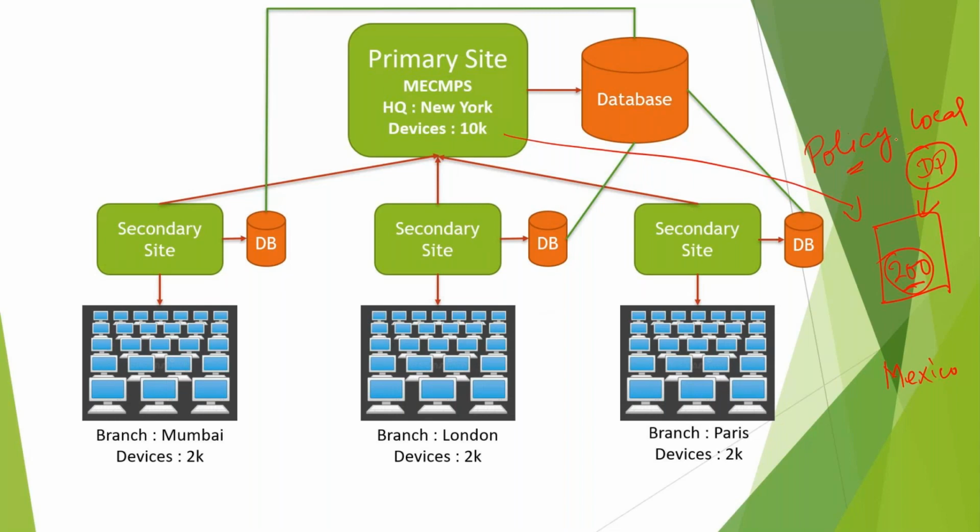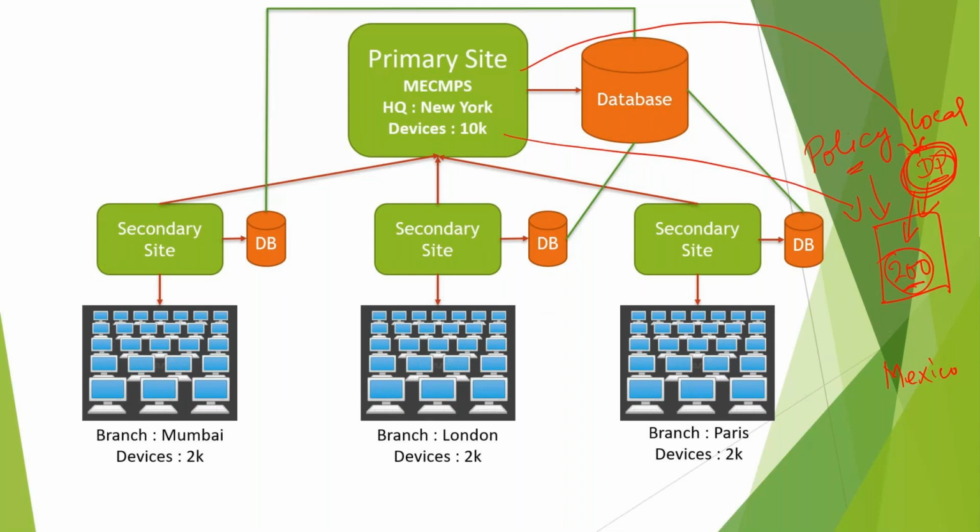The local DP will download the content from the primary site. The primary is going to send the content to this DP, like a repository, and the machine will take the policy from the primary site and the content from the local DP.